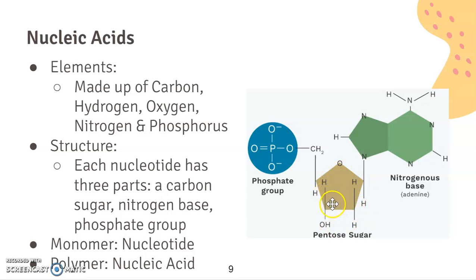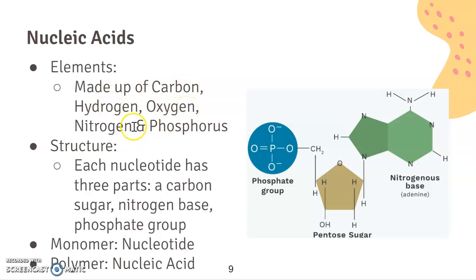Sugar could be a carbohydrate of some sort. And then we've got a phosphate group right here. Our phosphate group is where that phosphorus comes into play, and our nitrogen base is where our nitrogen comes into play. Remember on our lipids and our carbs, we had carbon, hydrogen, and oxygen.